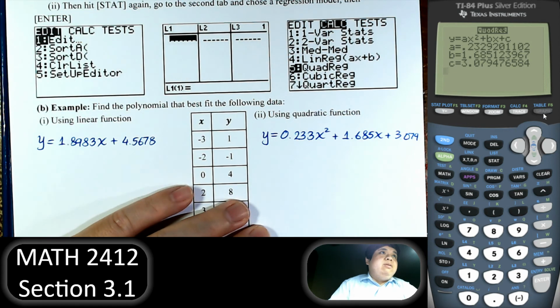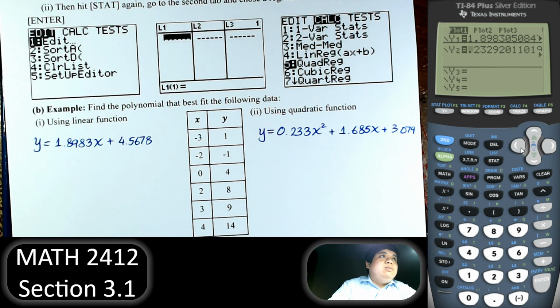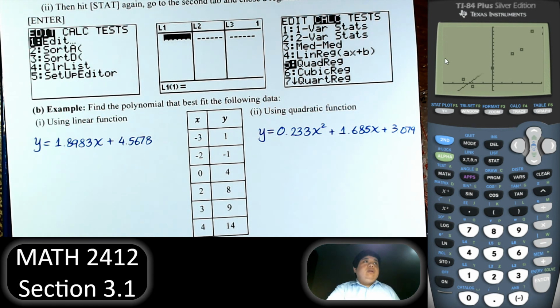When we see the graph, those are the line and the parabola. The parabola is the one that best fits the data.